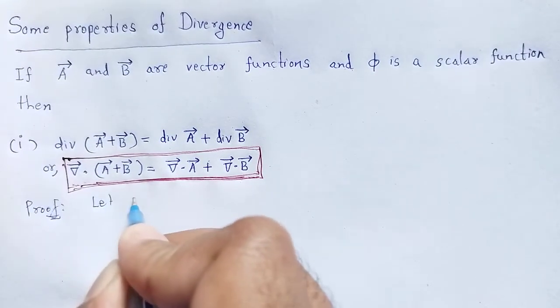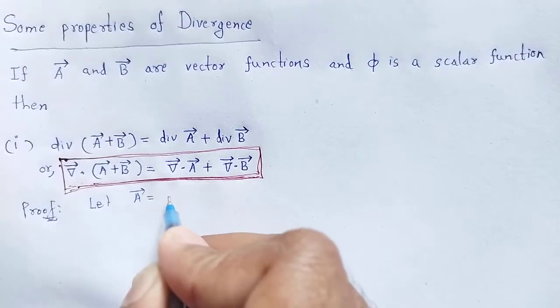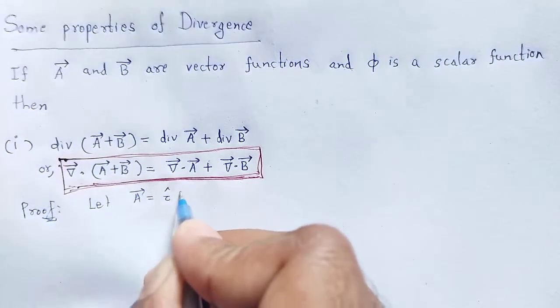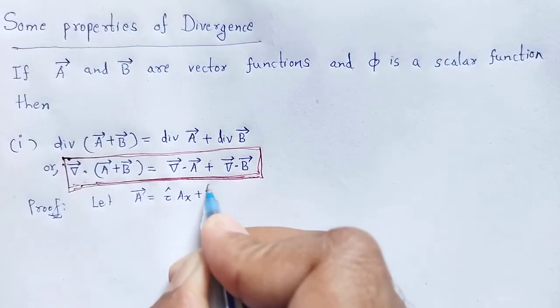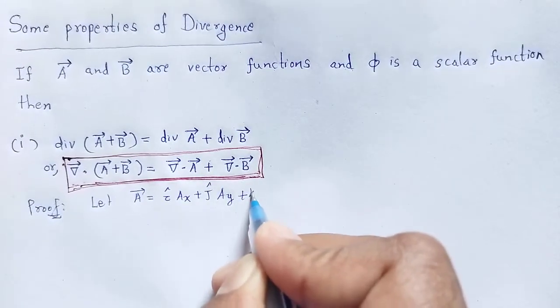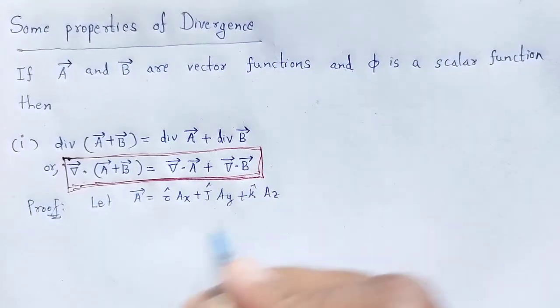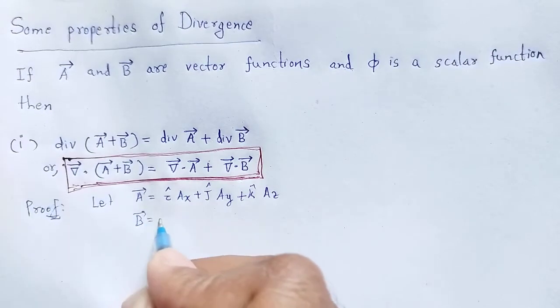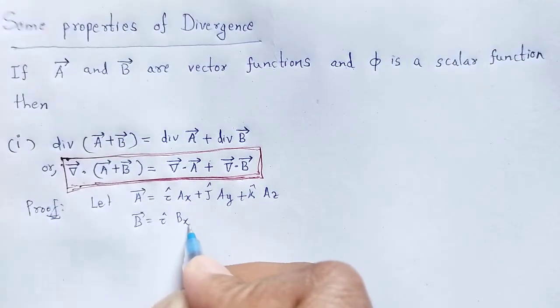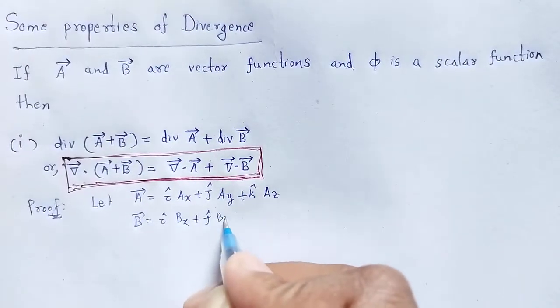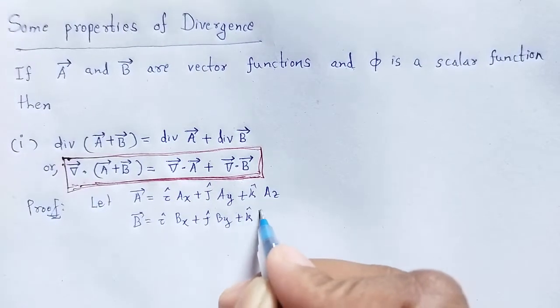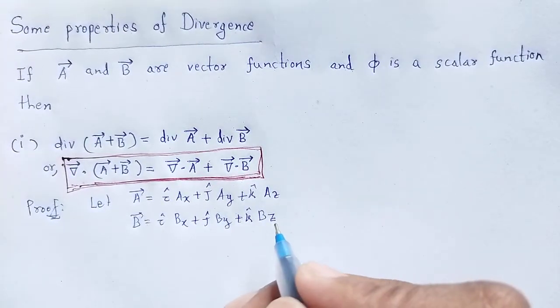Let a vector in rectangular components be i cap ax, j cap ay plus k cap az, and b vector i cap bx, j cap by plus k cap bz.